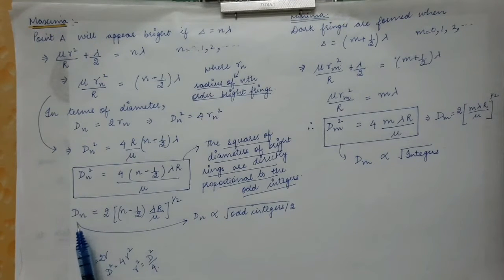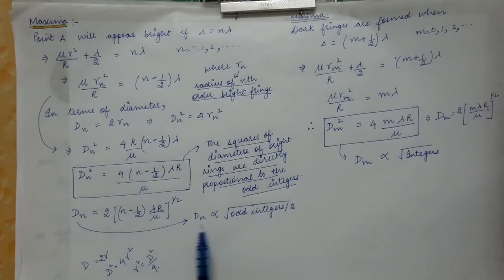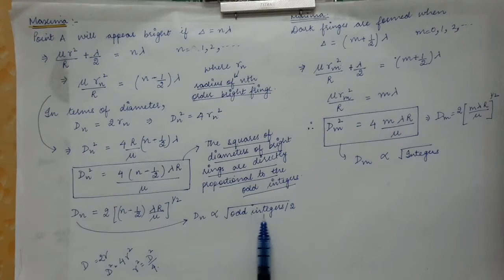So the diameter of the nth bright circular fringe is proportional to the square root of odd integers divided by 2, because we are getting 1 by 2, then 3 by 2, then 5 by 2, then 7 by 2. Similarly for the case of minima.